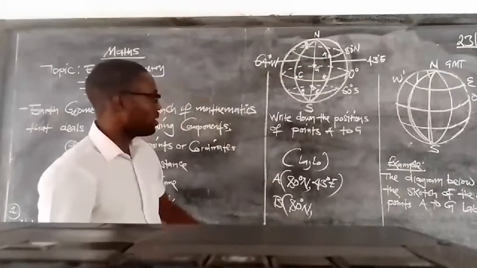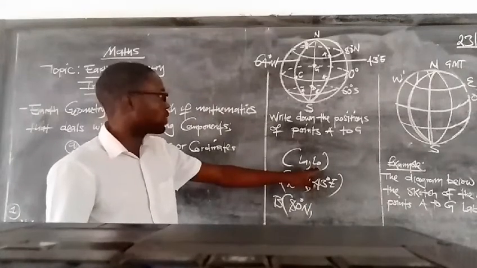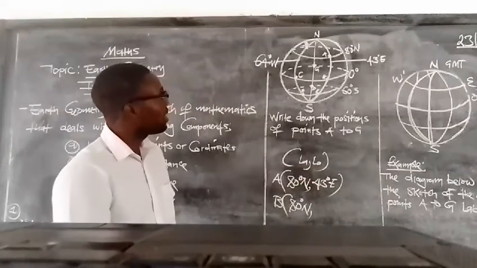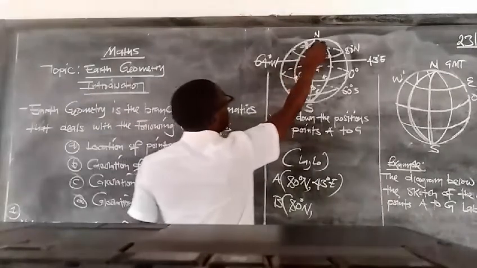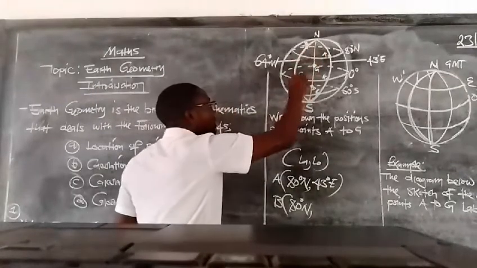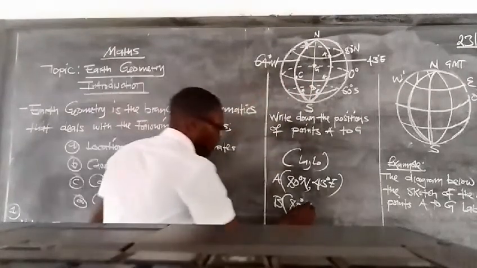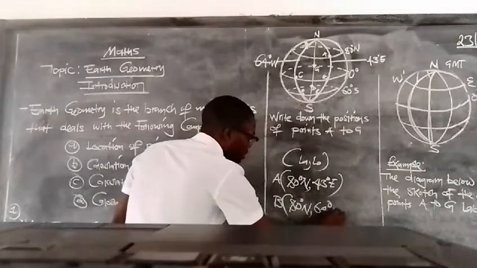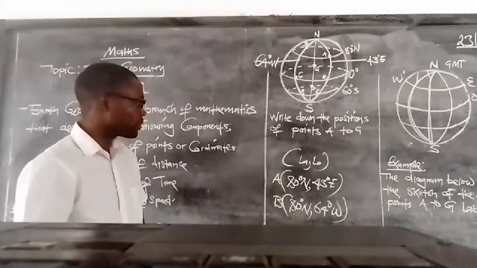We put a comma there. Then what follows next? The lines of longitude. What is the line of longitude where B is? Able to identify that this is the line of longitude denoted by 64 degrees west. So 64 degrees west direction, you close your bracket. So we have located point B.